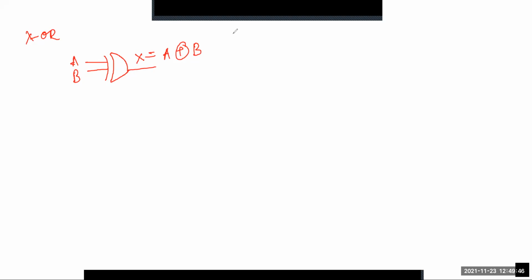And here, the combination. The truth table for XOR: this is input, this is output.